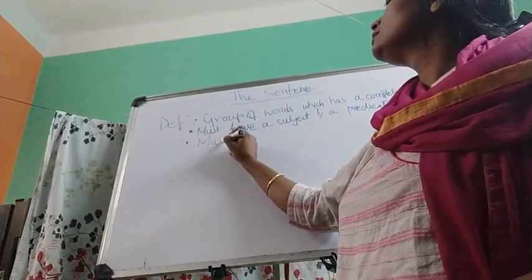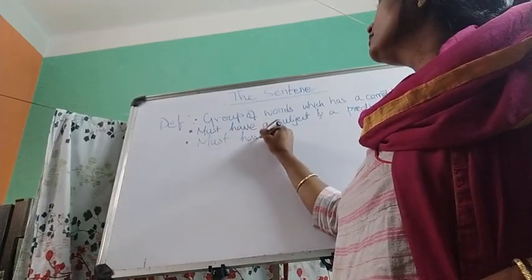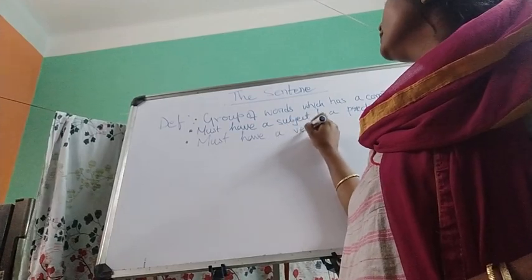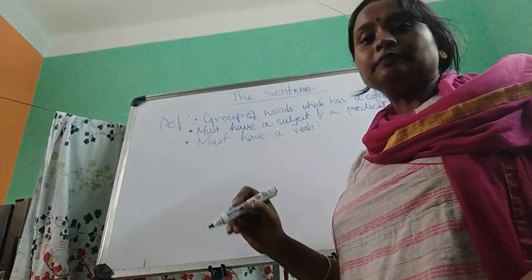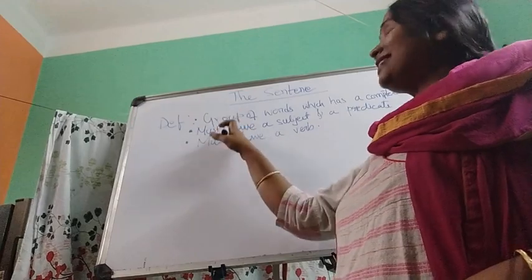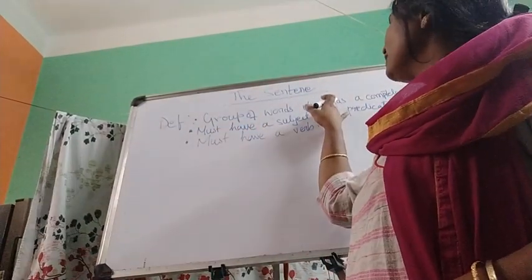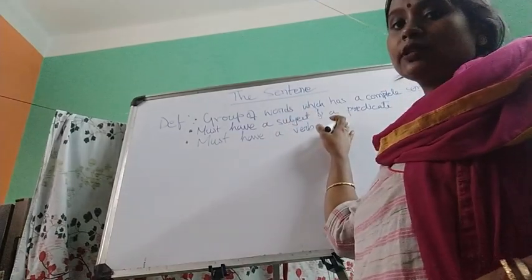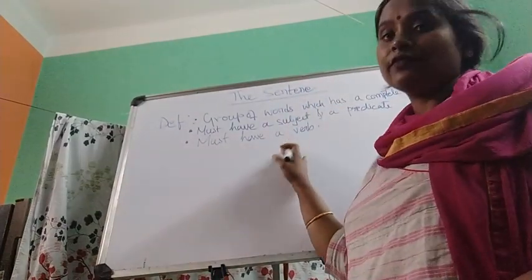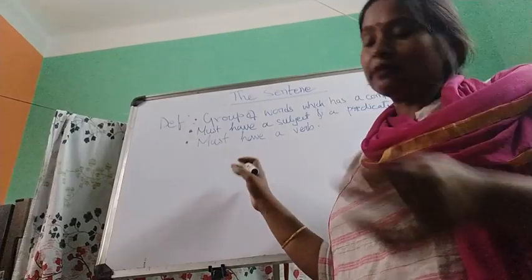Must have a verb. Okay? So these are the three basic characteristics of a sentence. First of all, it should have a complete meaning. It must have a subject and a predicate, and definitely it must have a verb. Without a verb, a sentence cannot be completed.